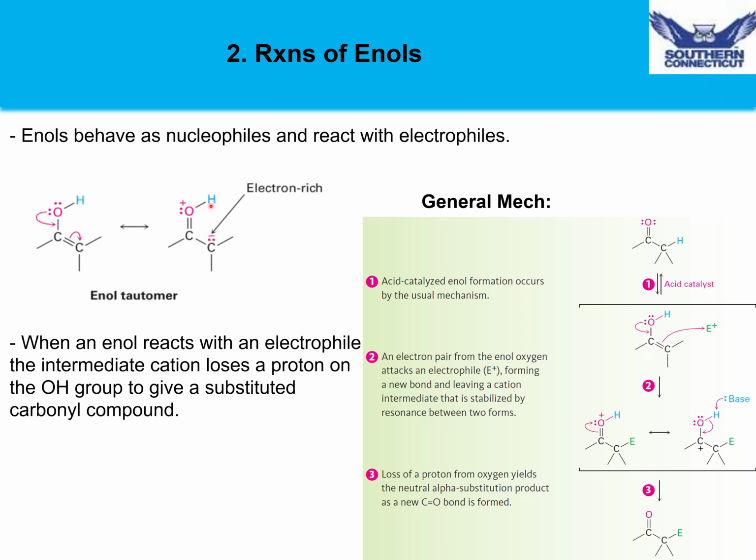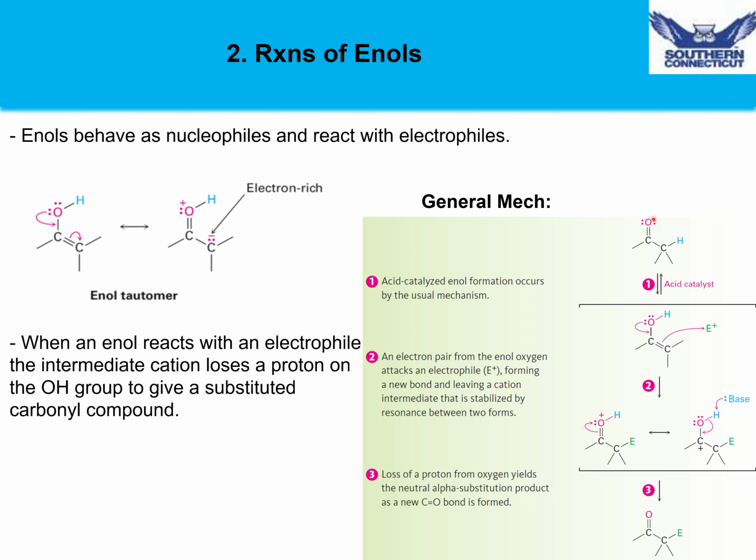Removing this hydrogen after the addition of an electrophile to the alpha carbon will give you a ketone that has a substituent here. Here is a general mechanism of how ketones and aldehydes will add different electrophiles to the alpha position through the enol form or the enol tautomer.